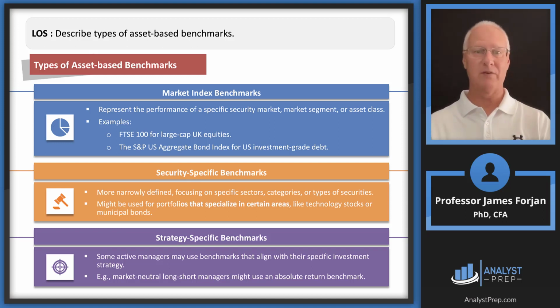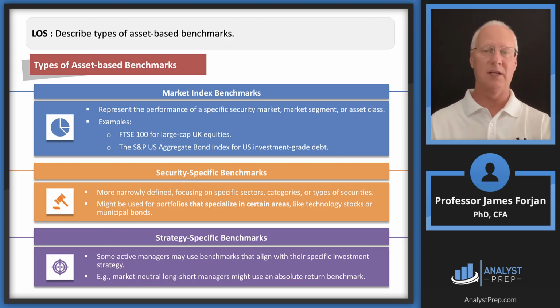Now, asset-based benchmarks, these we've talked about before. So market index benchmarks, security specific one. That's the one that I was just talking about with my 10 stocks and these 10 nearly identical stocks. And then you can have a strategy specific benchmark. Let's suppose that I'm some kind of portfolio manager and I say, hey, send me your money. I'm super smart, although I can't say that, right?